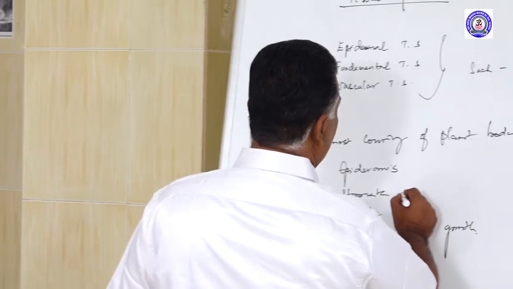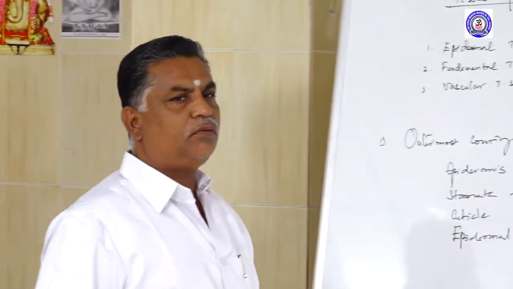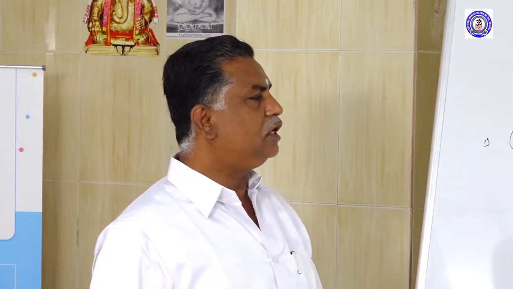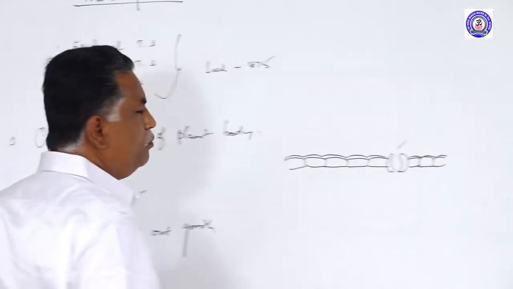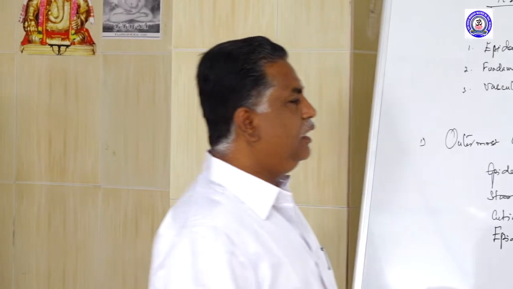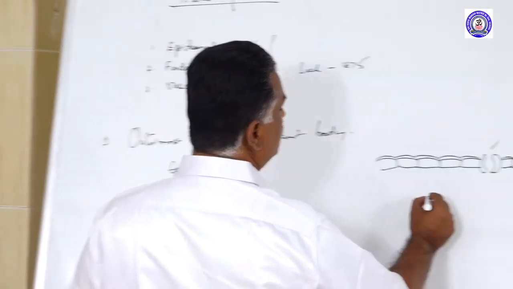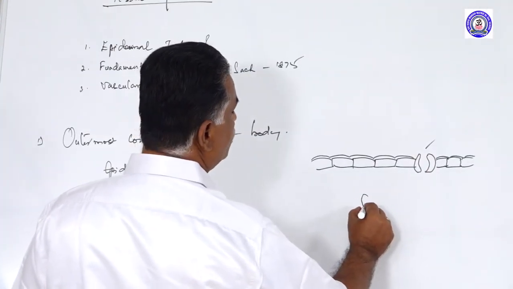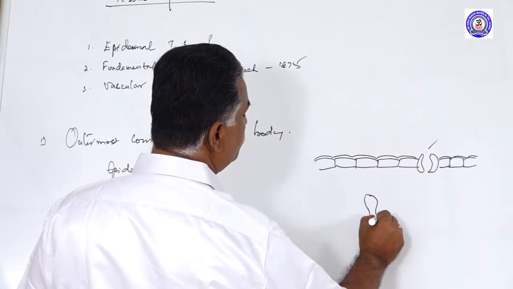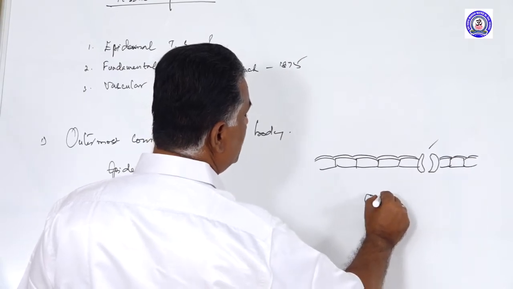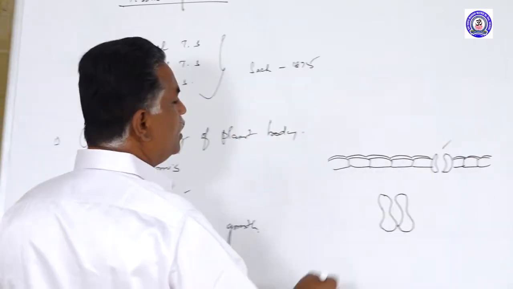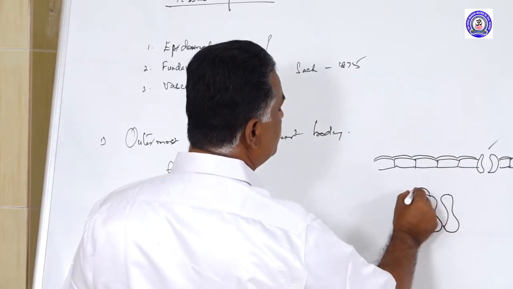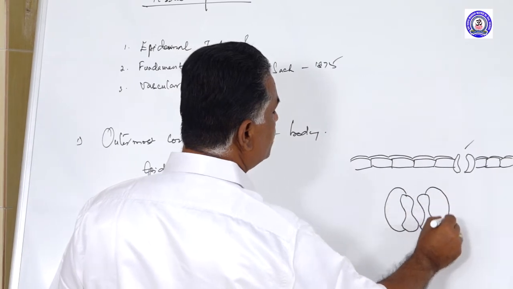And stomata are minute pores which are covered by two bean-shaped cells. In the case of monocots, these bean-shaped cells are found in dumbbell shape. And they are covered by two subsidiary cells. These are called subsidiary cells.